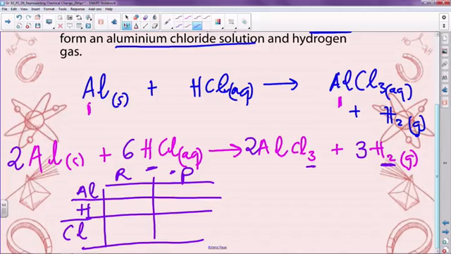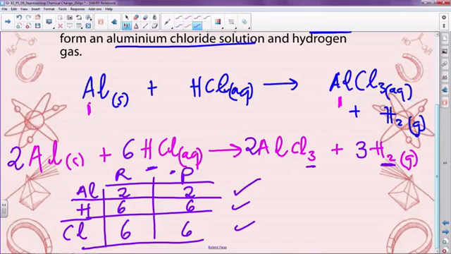On the reactants, we've got 2 atoms of aluminium. On the products, we have 2, so aluminium is balanced in terms of the number of atoms in the reactants as well as in the product. If we go further, for hydrogen we've got 6 on the left, which is the reactants. We also have 6 on the right, which is the product. If we go to chlorine, it's also 6 and 6.